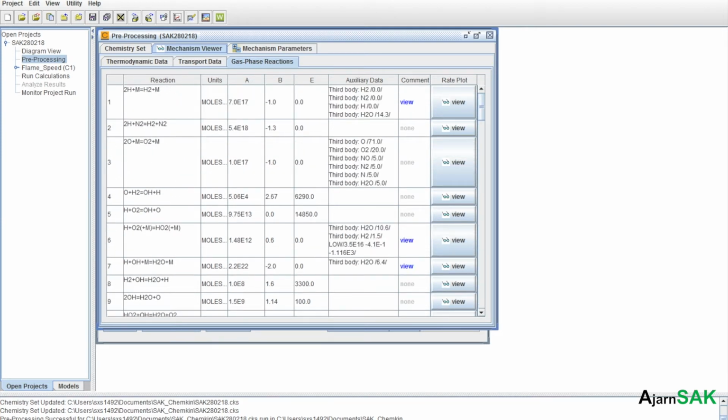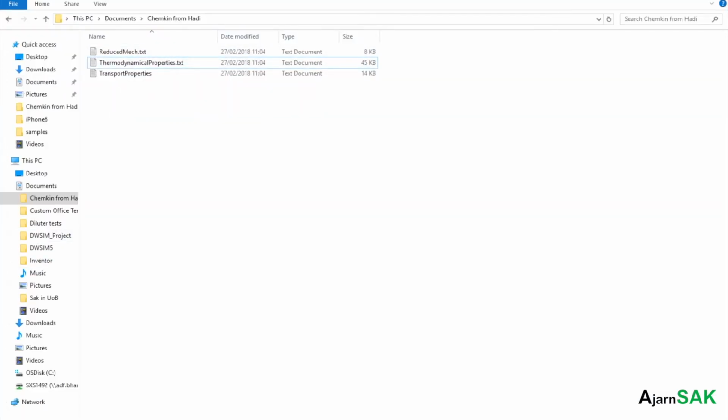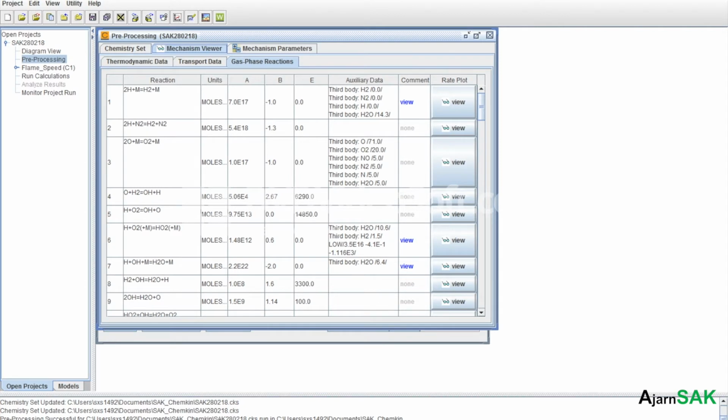In this case, we're going to have the mechanism for just hydrogen, nitrogen, and oxygen, HNO. If you want to do something other than this, like a hydrocarbon, that's a no-go for this one. This is the file that I got from Hadi, the mechanism file, thermodynamic and transport.